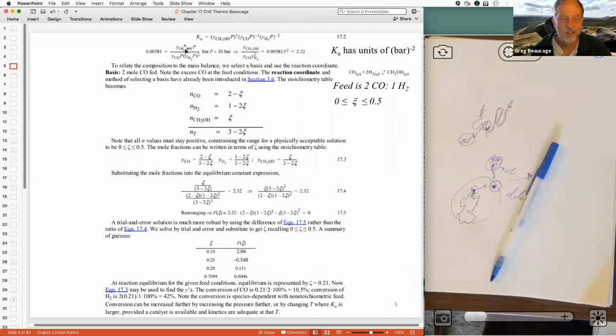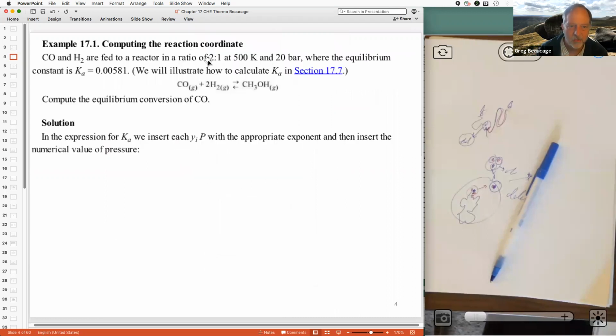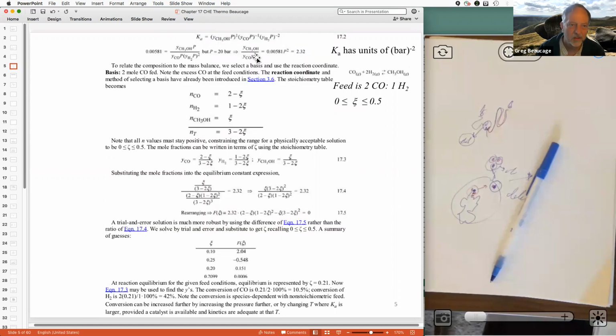Right. So how do you get the Y's? In chapter 3, we figured out how to get the Y's. In order to get the Y's, you have a reaction coordinate. You don't just say 2 moles and 1 mole, because that changes as the reaction proceeds, right?